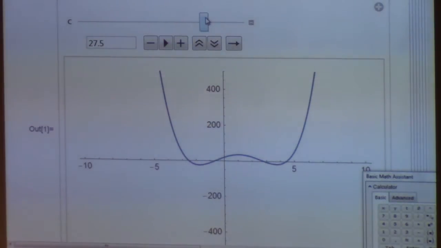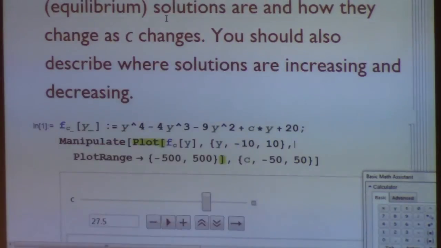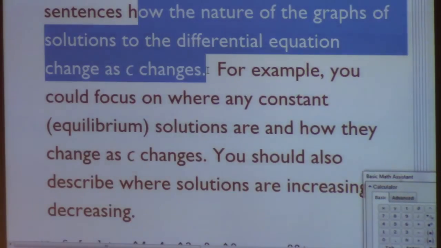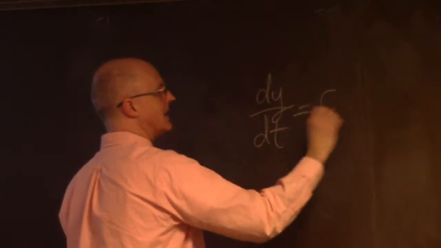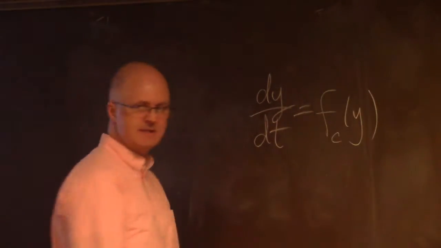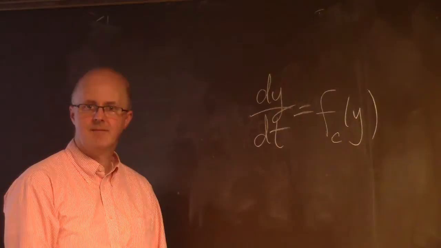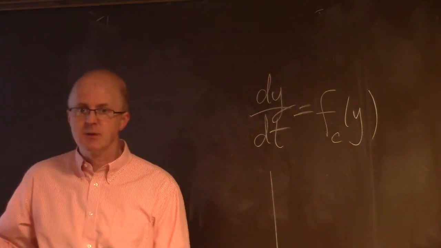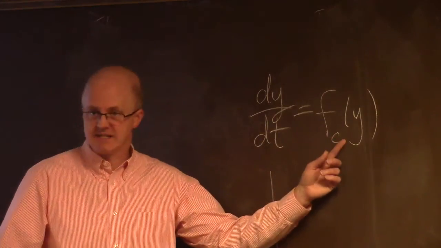What about differential equations? I do say to relate this to differential equations. All right, the qualitative analysis. Well, this is the right-hand side function for a differential equation. It's an autonomous equation, just depending on y. The equilibrium solutions correspond to when this function is 0 on the right-hand side.